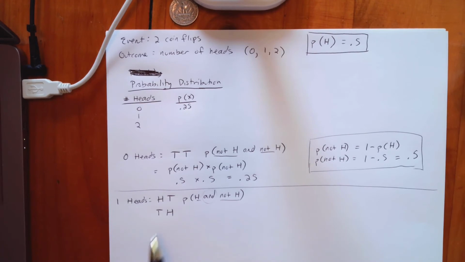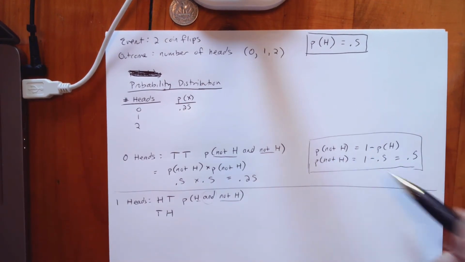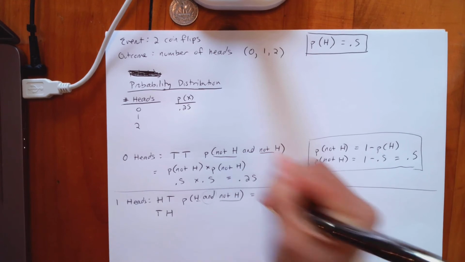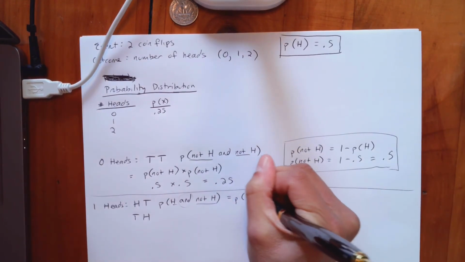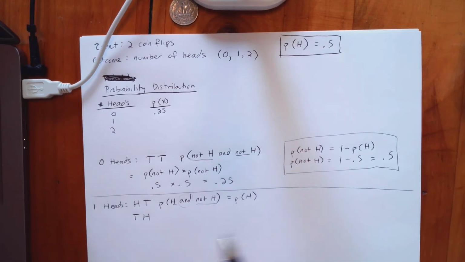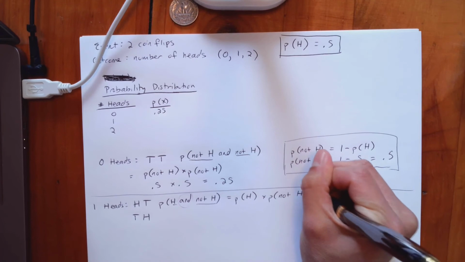So here we want to know the probability of getting heads and then getting the probability of getting not heads. I'm not going to go through this again since we already have up here that our probability of getting not heads is 0.5. So instead, I'm just going to go straight to the multiplication rule, and we'll say that in order to find these probabilities, we're going to take the probability of getting heads and multiply it times the probability of getting not heads.